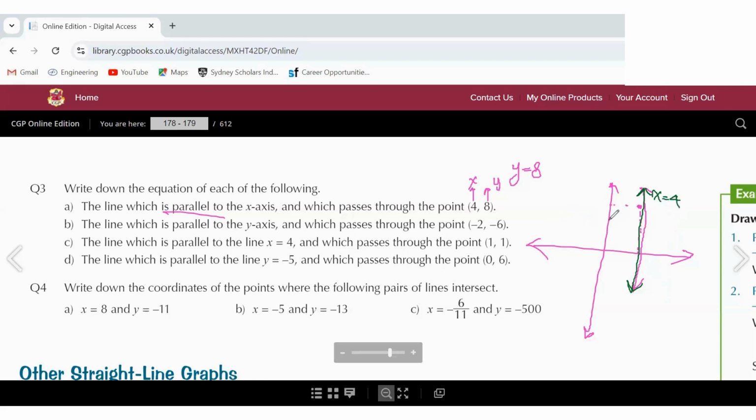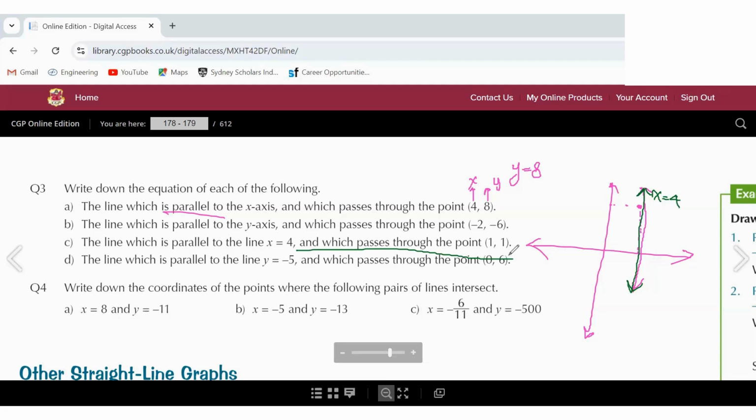So what would be the line which will be parallel to this x equals 4? Look into this question once again properly. y equals -1? y equals means it is not parallel to x.